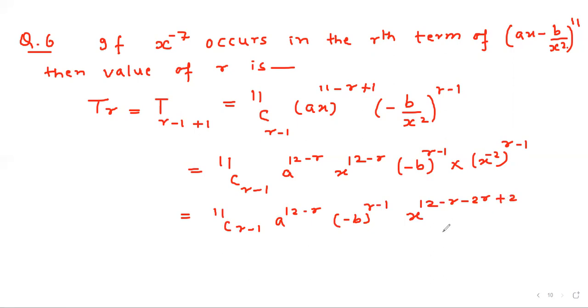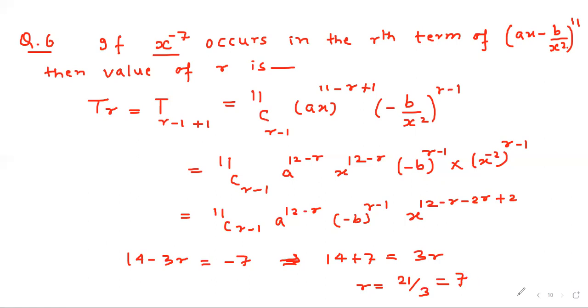So it will become 14 minus 3r. So here in our question, the coefficient of x power minus 7, so 14 minus 3r is equal to minus 7. So we can say that 14 plus 7 equal to 3r, or r equal to 21 upon 3, that is 7, which is our answer.